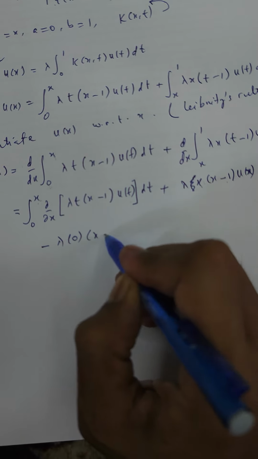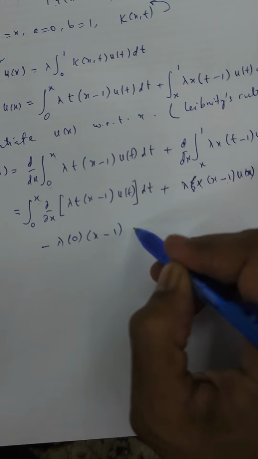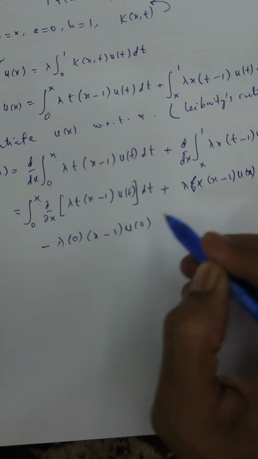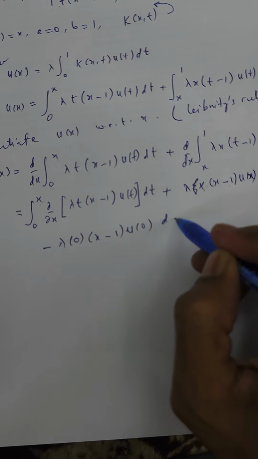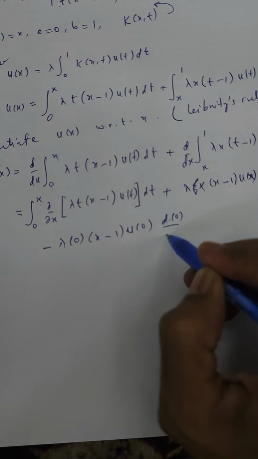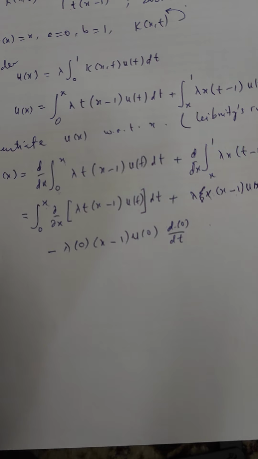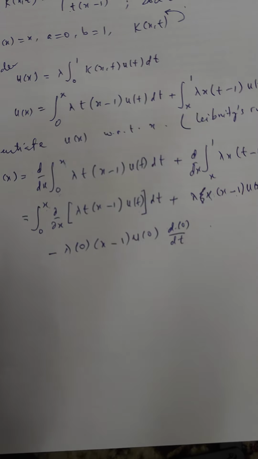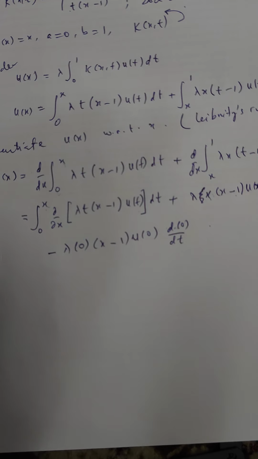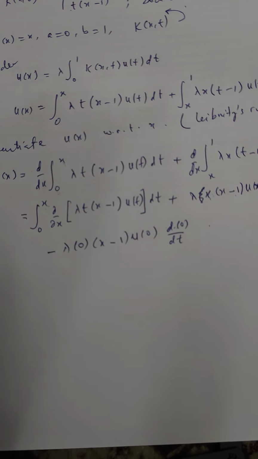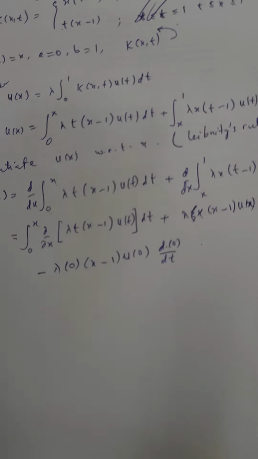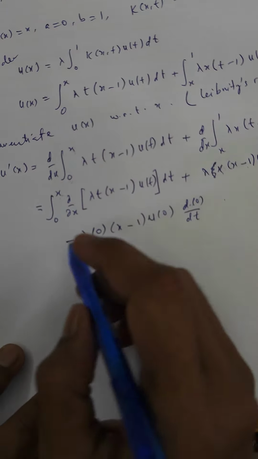We have x minus 1 u0, then we differentiate 0 with respect to t. Okay, so that's the first integral.